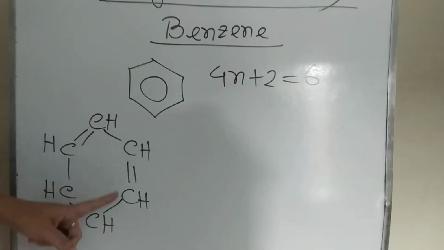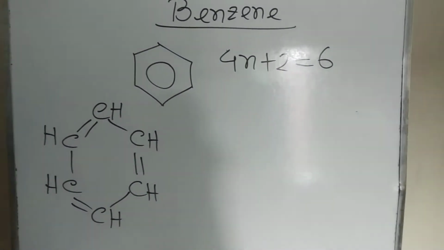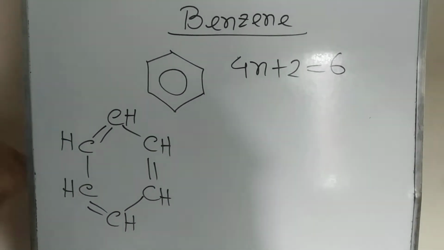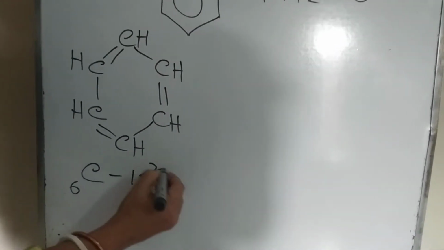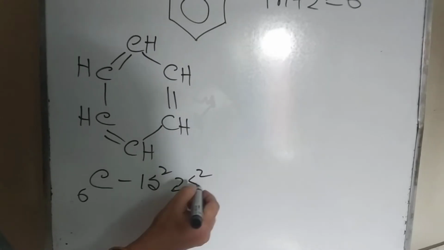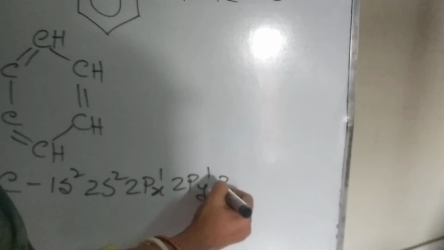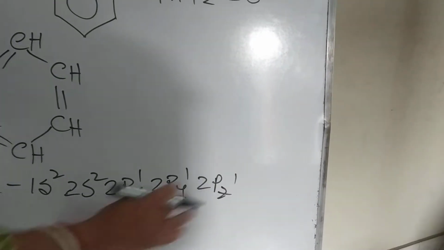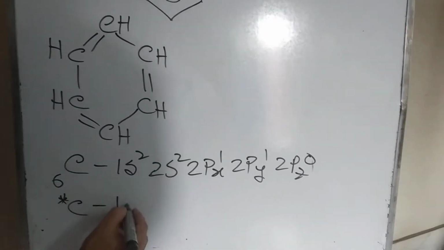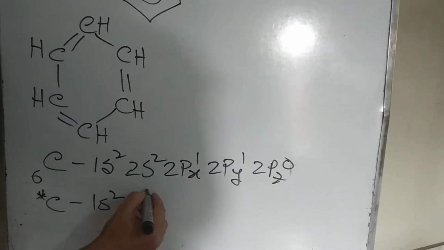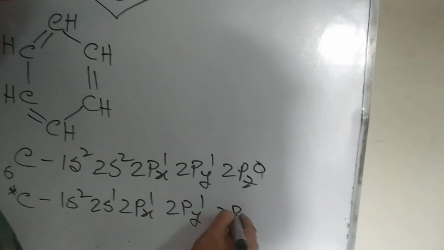As every carbon has a double bond, each carbon of benzene is sp2 hybridized. sp2 hybridized means, you know carbon has 6 electrons, so it will be 1s2, 2s2, 2px1, 2py1 and 2pz0. But in the excited state, it will be 1s2, 2s1, 2px1, 2py1 and 2pz1.